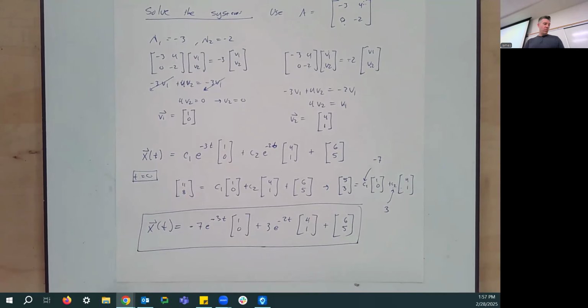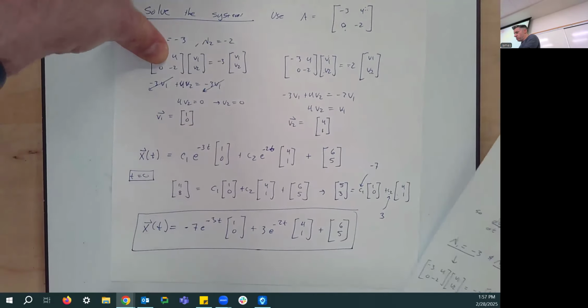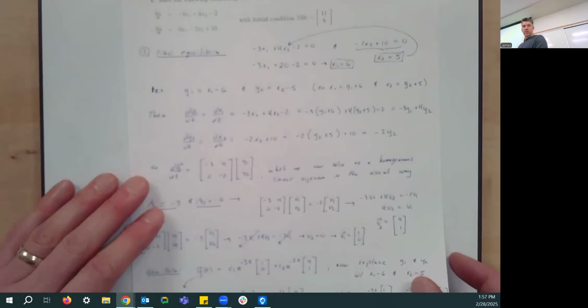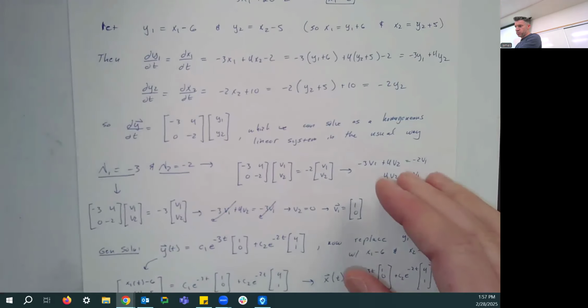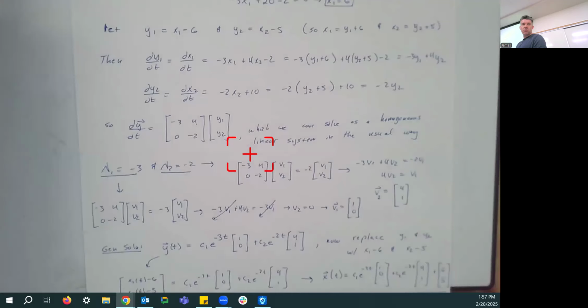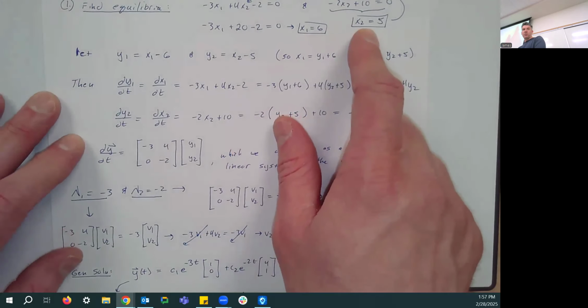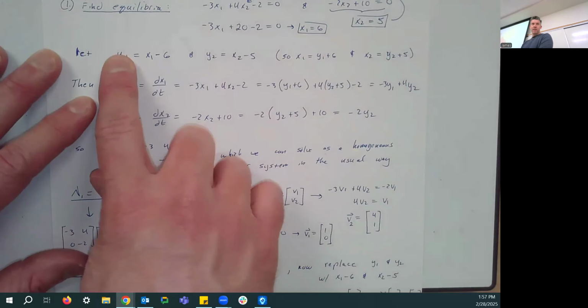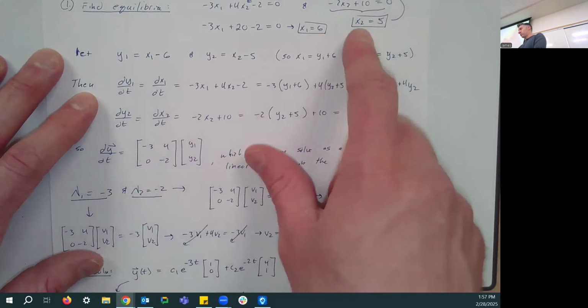So one thing I'll say is that the longer way of doing this, which I don't think he really wants you to do, but I don't really know, to be honest, is where you do this thing where, after you find your equilibrium, 6, 5, you then make up new variables where y1 is x1 minus the equilibrium value and y2 is x2 minus that equilibrium value.